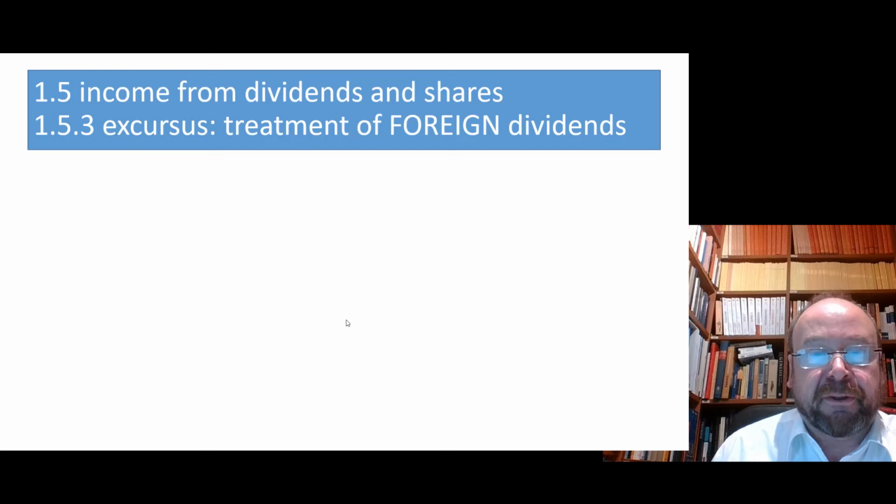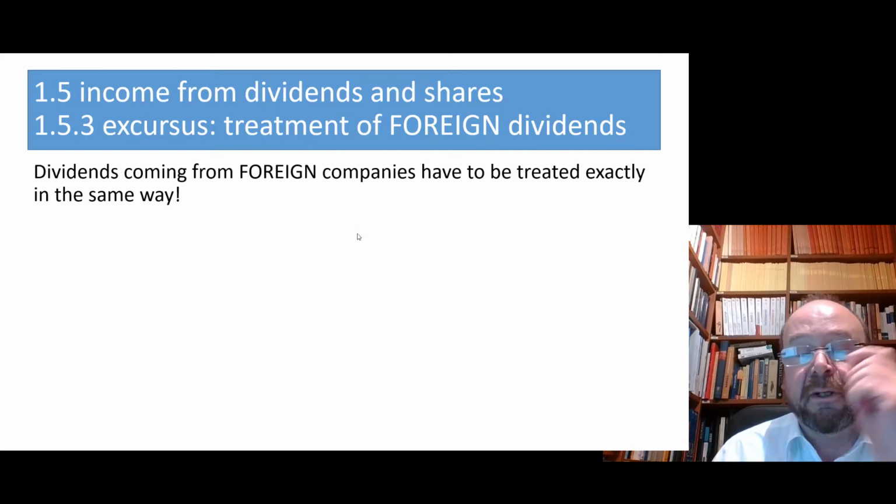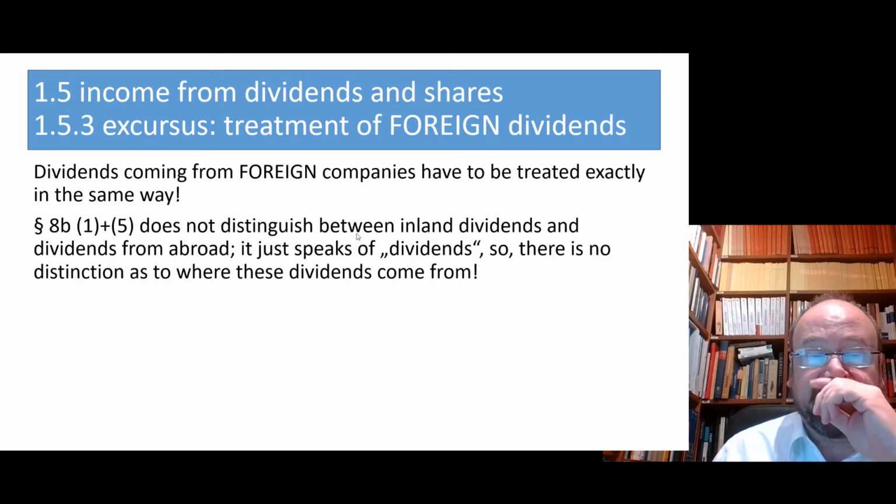Now, up to this moment, we have only spoken about the dividends from the inland. So naturally, we should also have a look to things which come from abroad, so foreign dividends. And the answer is surprisingly simple. Foreign companies, if they pay dividends to Germany, these dividends have to be treated exactly according to the same rules, so in the same way. 8B1 and 5 do not distinguish between inland dividends and dividends from abroad.